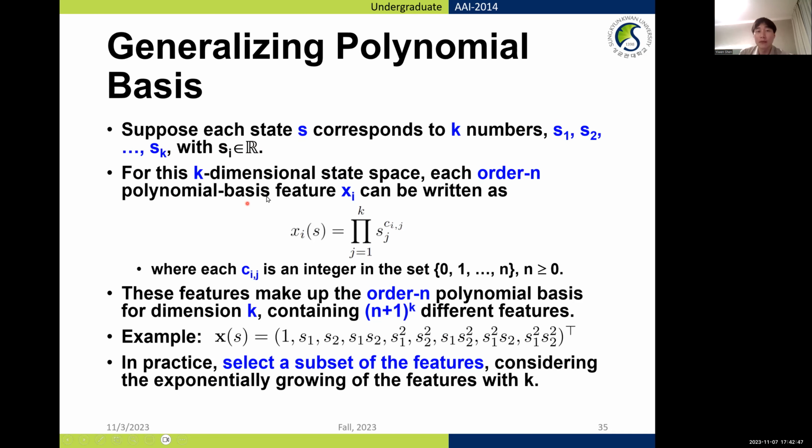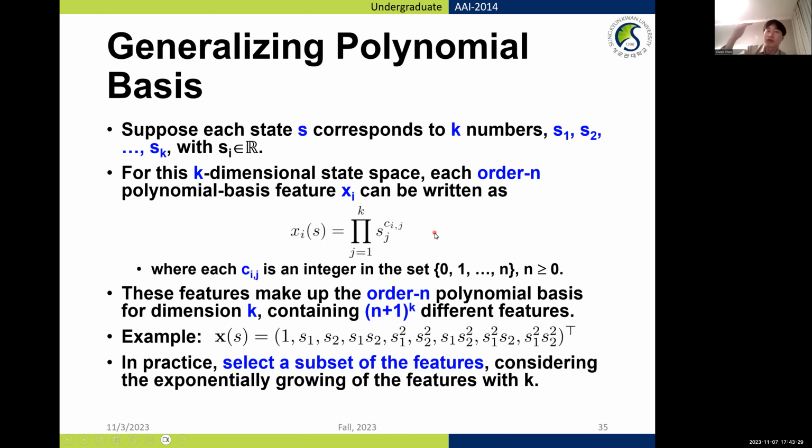Each order-n polynomial basis feature xi can be written as the product of different combinations of these k-dimensional state spaces, where each cij is an integer in the set 0 to n, which represents the order n.